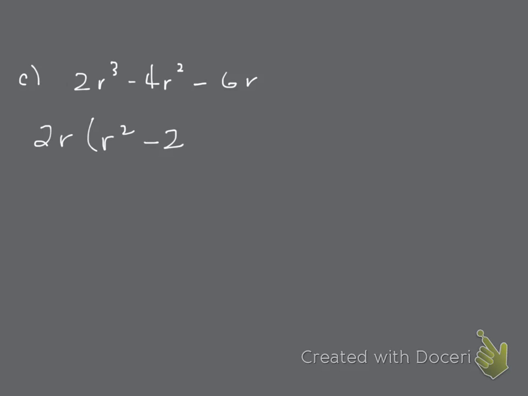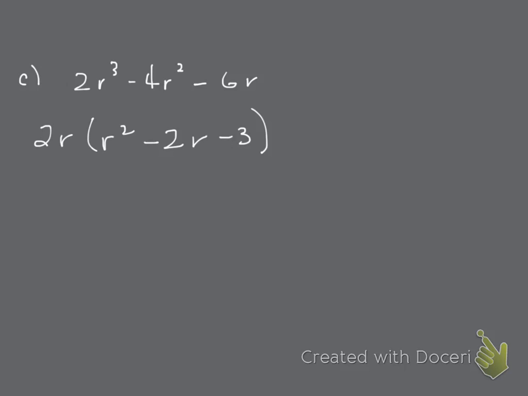R squared divided by r is r. Negative 6 r divided by 2r is negative 3. So now you have your GCF out here and the remaining parts.